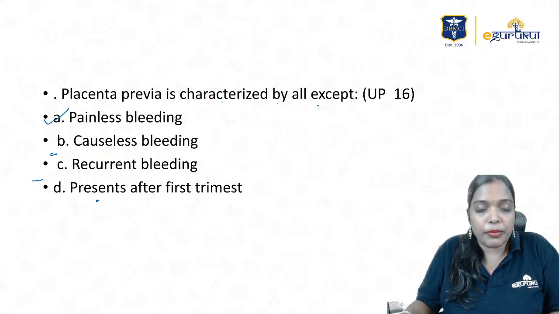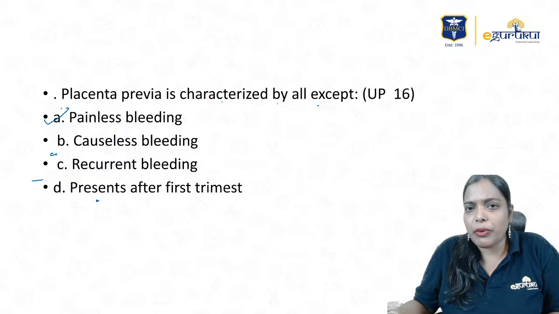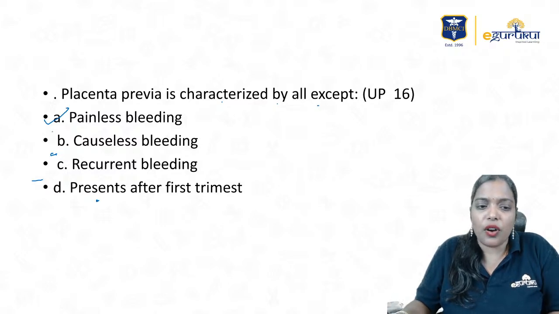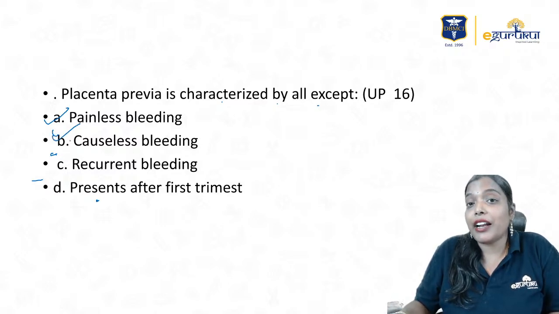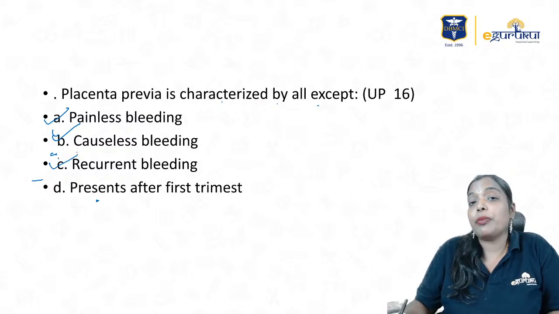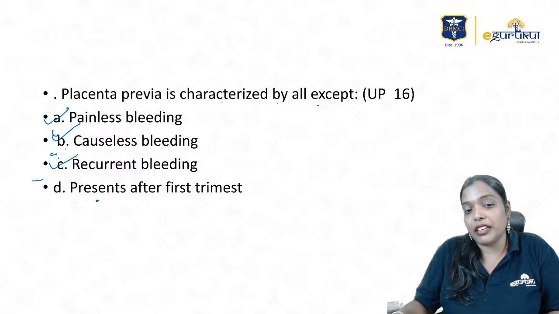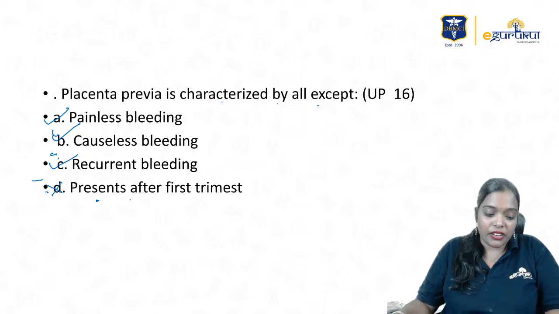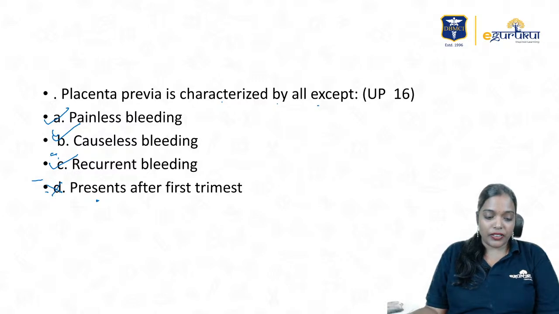So it is painless bleeding. When she was sleeping she bled, so there is no cause, it's causeless bleeding. She had episodes from the first trimester, so it is recurrent bleeding. Each episode of bleeding is called warning hemorrhage, guys. Presenting after the first trimester is wrong. It can present in the first trimester itself. So it's characterized by all except presence after first trimester.